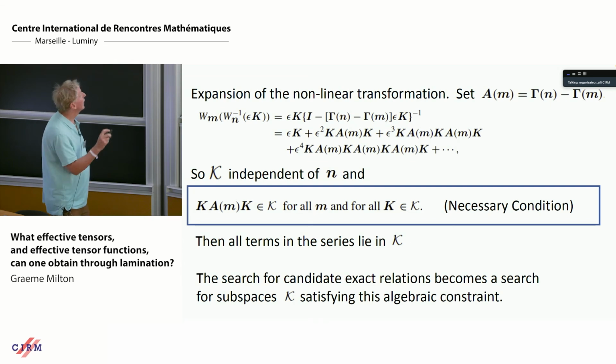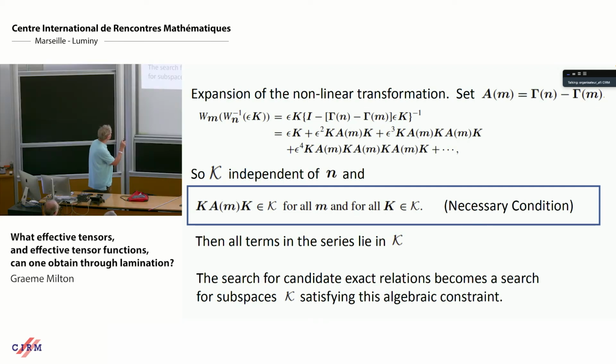So you expand that transformation. The first thing you notice is that from the linear term, the subspace doesn't depend upon the direction of lamination. And then from subsequent terms, you find out that they all lie in the subspace if just this second order term lies in the subspace.